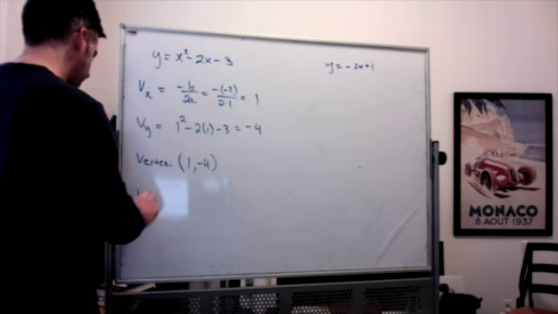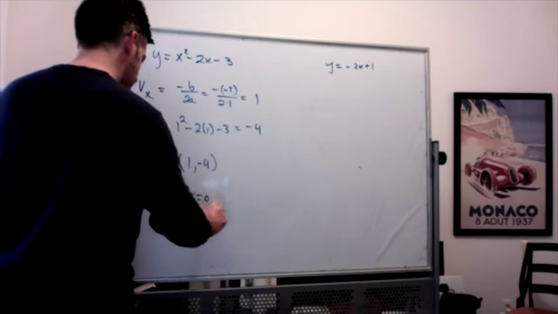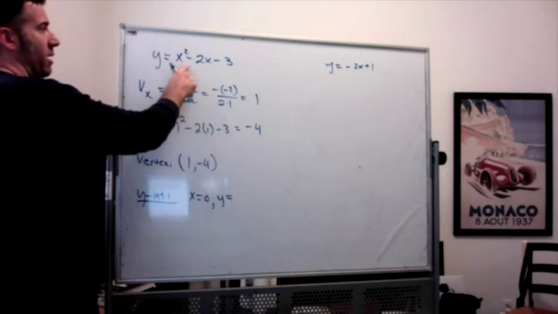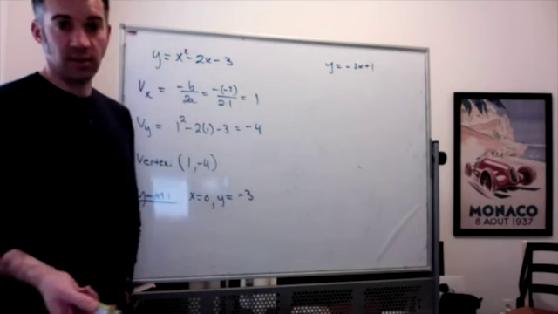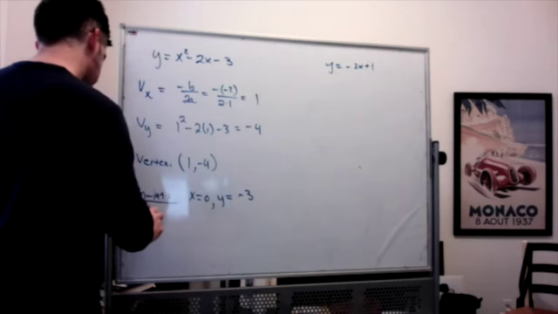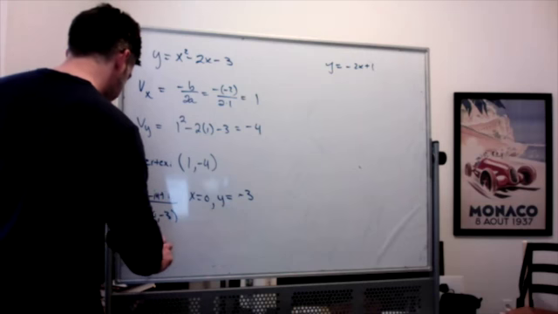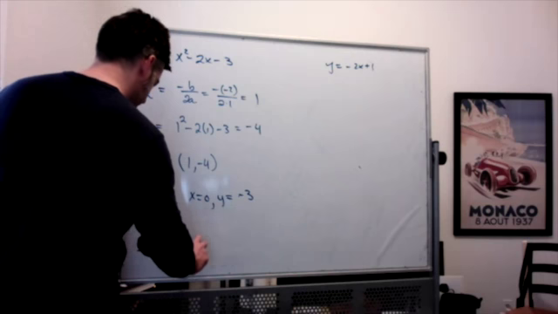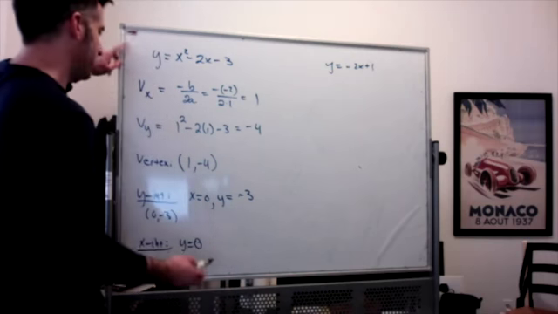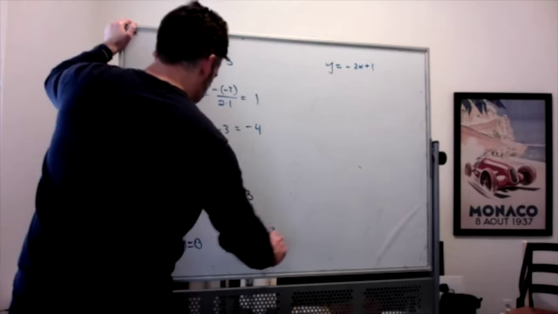The y-intercept, if we set x equal to 0, we get y equal to 0 minus 0 minus 3. So my y-intercept is the point 0, negative 3. The x-intercept is a little more work. To find the x-intercept, we set y equal to 0. So if y is 0, we have 0 equal to x squared minus 2x minus 3.